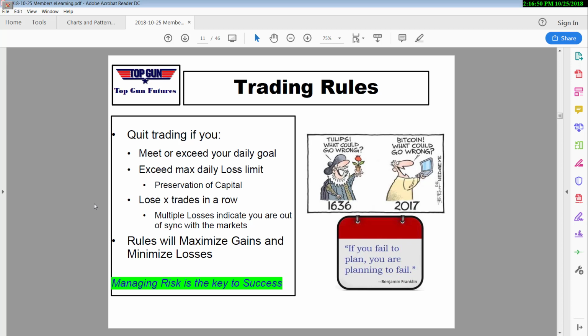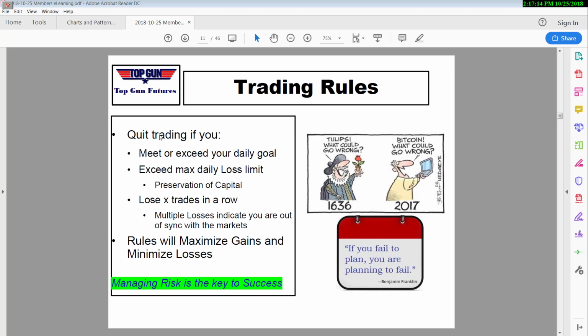All right, some trading rules. I'm going to inject those right now. And that is the power of quitting. Consider it nice if you meet or exceed your daily goal. Quit. Like being at the casino, they want you to stay at the table and keep gambling or trading.